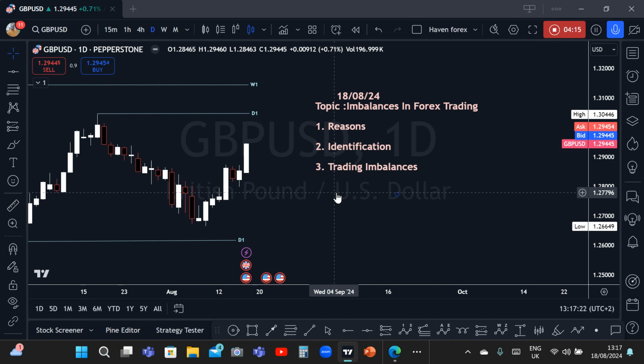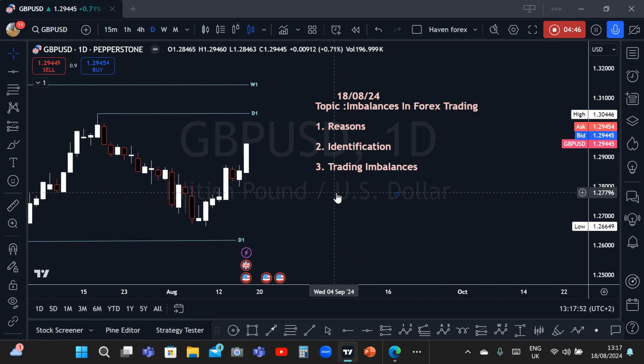And why does that happen? It happens because there is a significant disparity between the buyers and the sellers that are placing orders. If the orders of buyers are more than the sellers, you will see a significant rapid price movement to the upside, as in a rise in price.